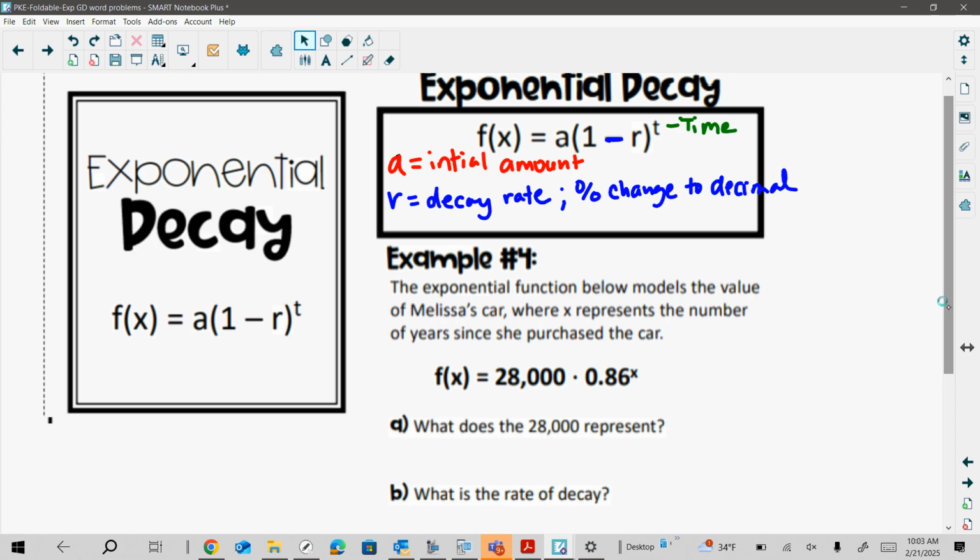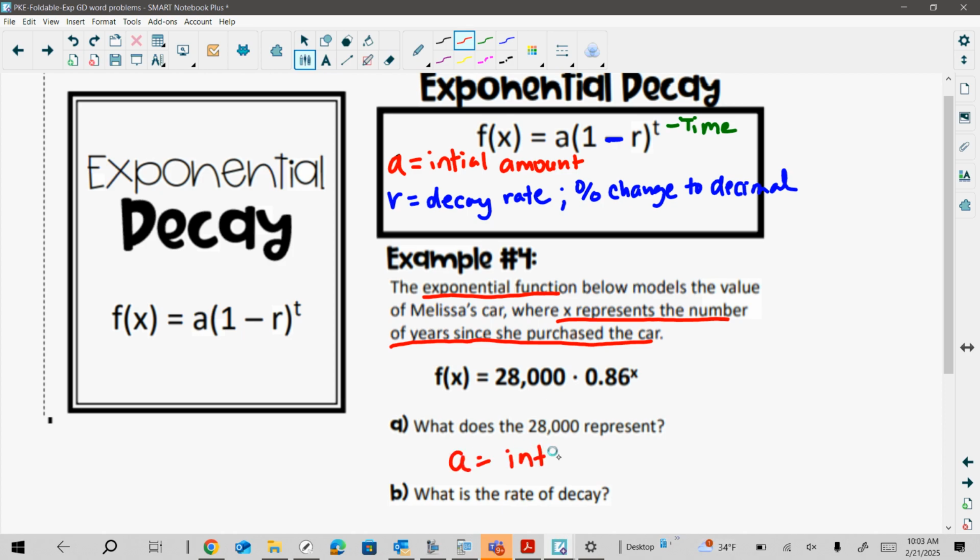So we have on our example 4 here, again an exponential function that models Melissa's cars, where X represents the number of years since she purchased the car. The 2,800 represents the A, which is the initial amount.